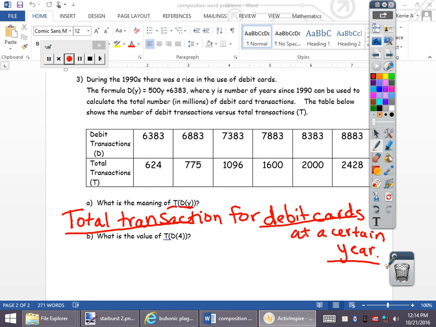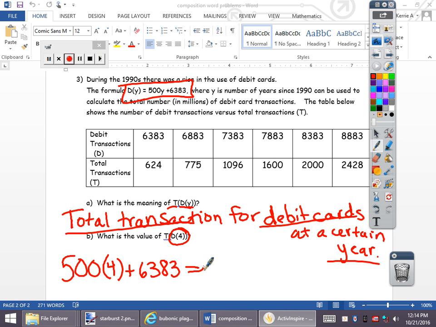Everyone good? So when I describe it, outside in. When I solve it, inside out. So I'm going to start with D of 4. What formula am I going to use? D of Y up here. So I'm going to do 500 times 4 plus 6383. And that gives me 8383.